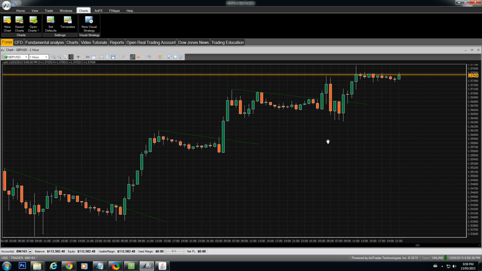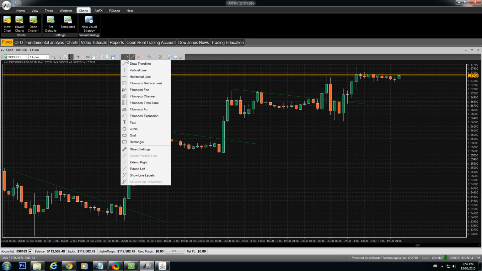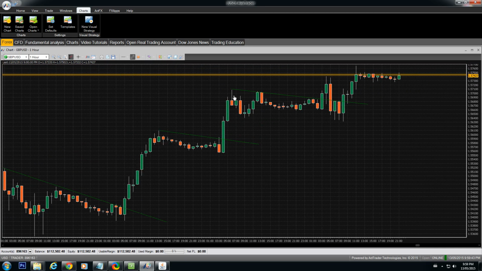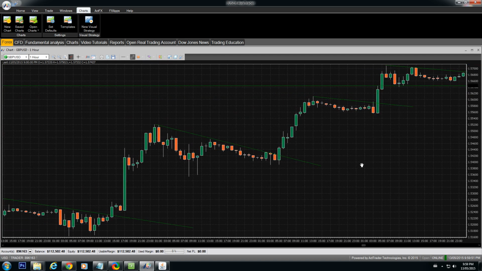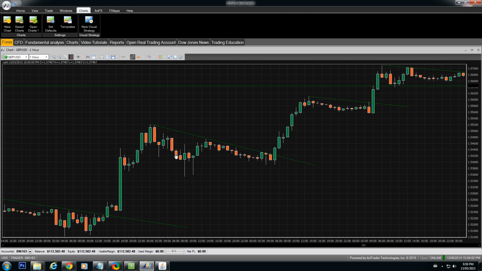So what happened here was, when I traded this, that's what I saw. So it's only natural to believe that if it breaks up, and each time it broke up, it didn't really go down much. So it was just a clear break, a clear break, a clear break.